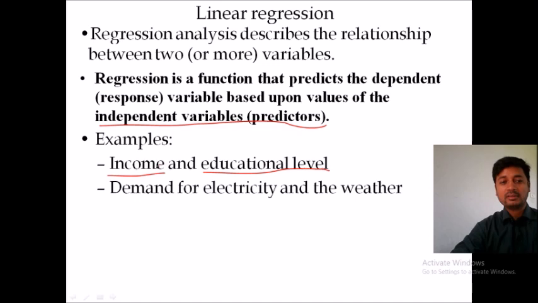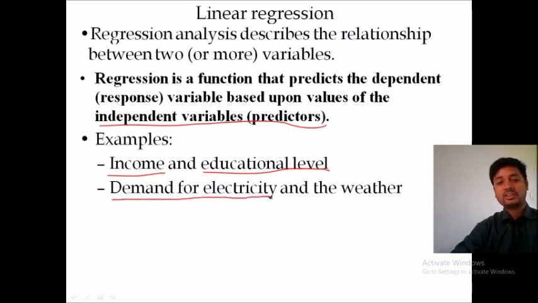Less qualified, less income. Except in the field of business, but generally this relation may be considered as educational level independent variable and income dependent variable.